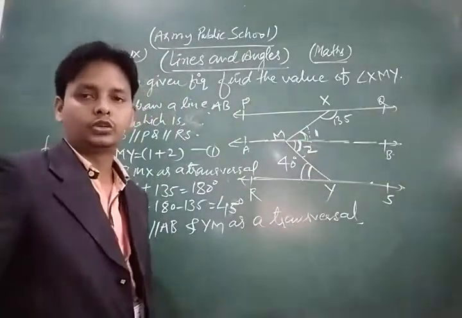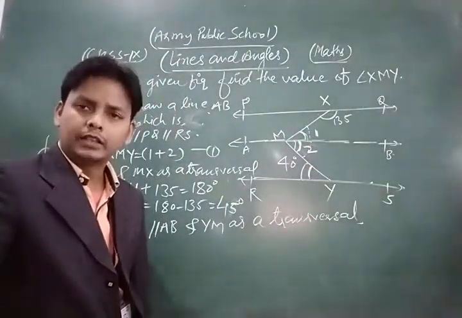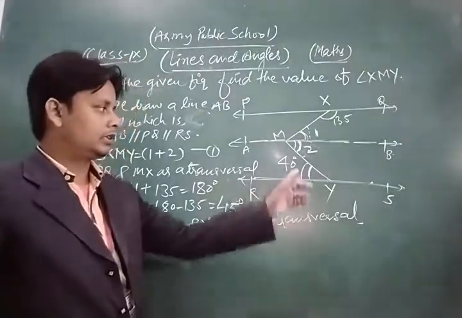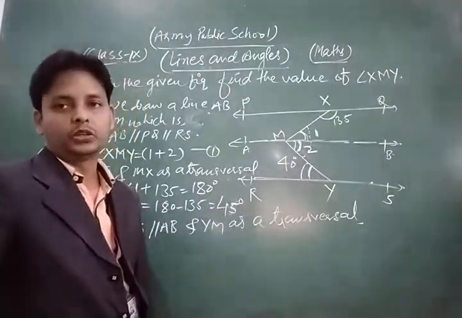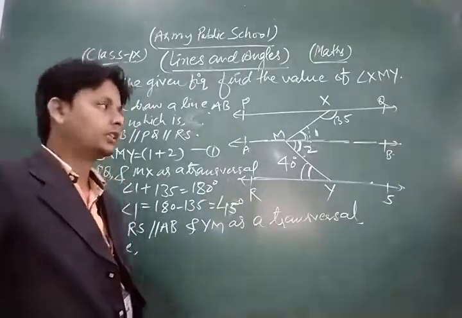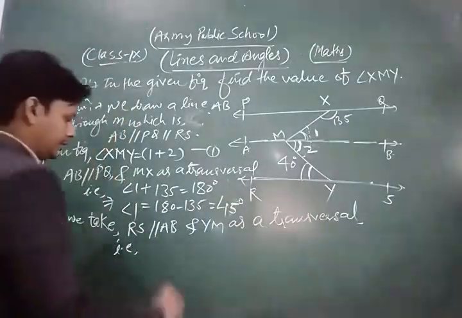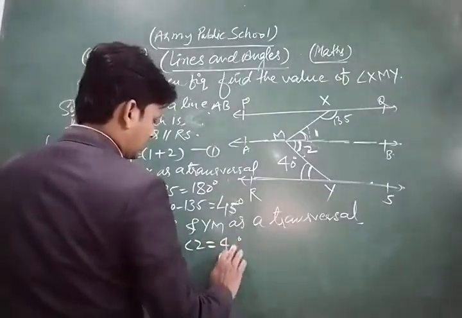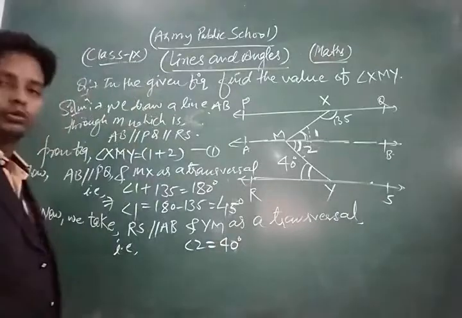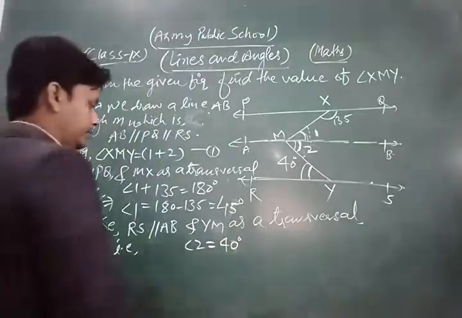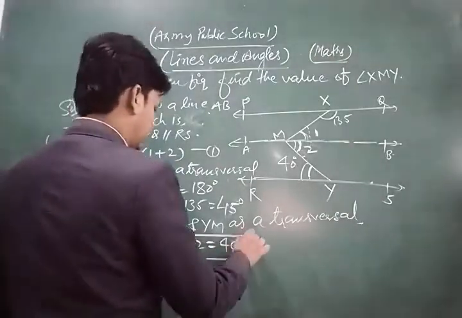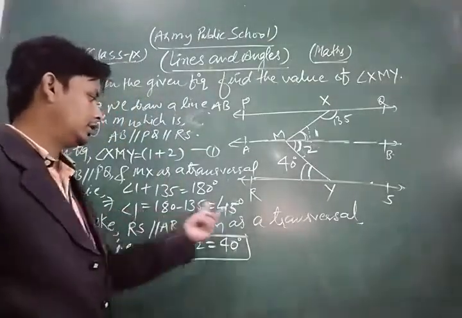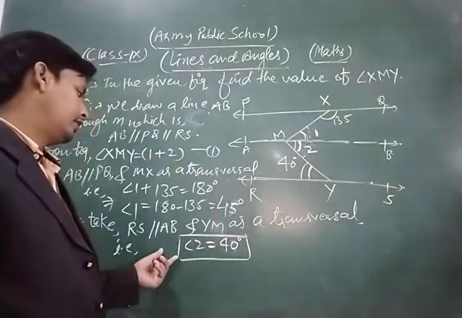You know that when two parallel lines are cut by a transversal, then the alternate interior angles are equal to each other. So here angle 2 is equal to 40 degrees.